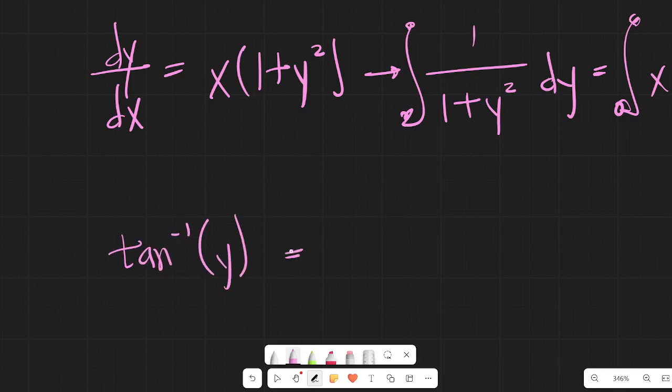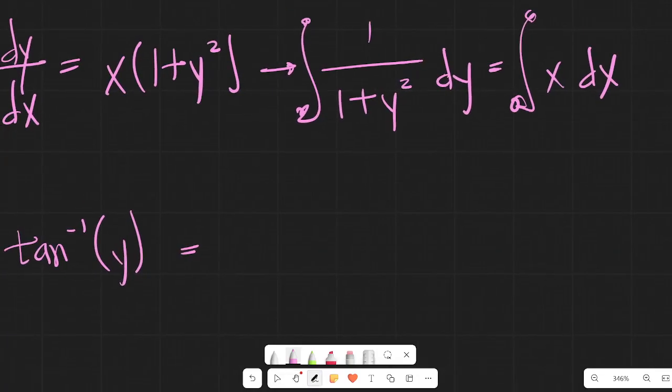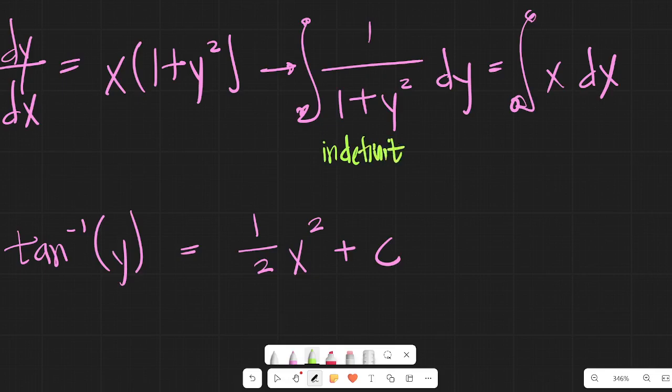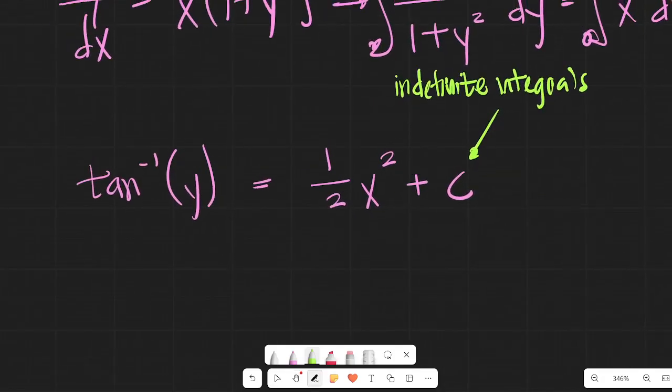Then using the power rule for integration, we get 1/2 x squared. And don't forget the constant of integration. There are no bounds specified, so this is an indefinite integral, and it involves this constant c to compensate for the fact that we don't have any bounds.